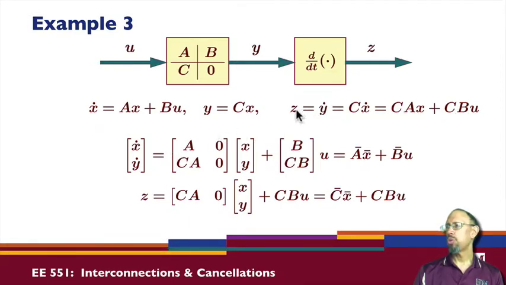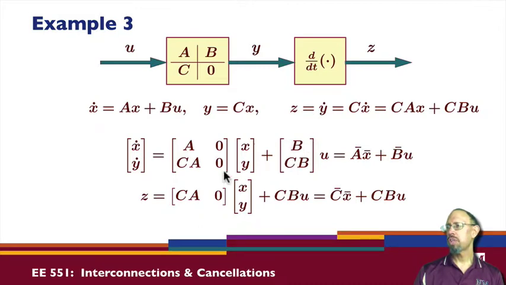And so we have two states. So notice we have X dot and we have Y dot. X dot is equal to AX plus BU. Y dot is equal to CAX plus CBU. So here's our overall state model. Notice this is a series interconnection. And so this is my new A matrix.